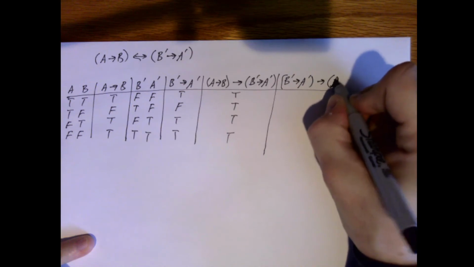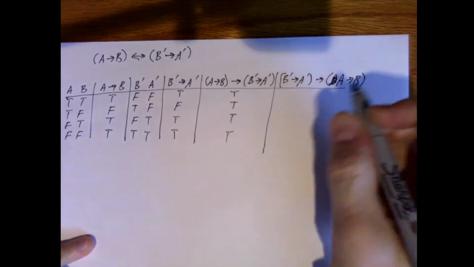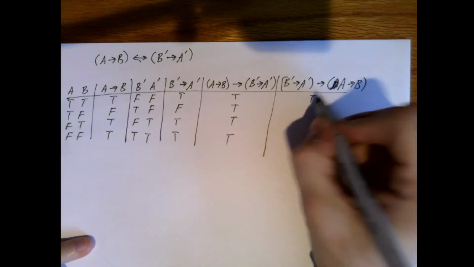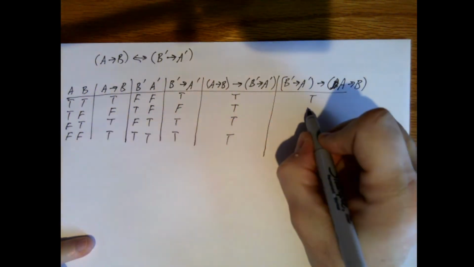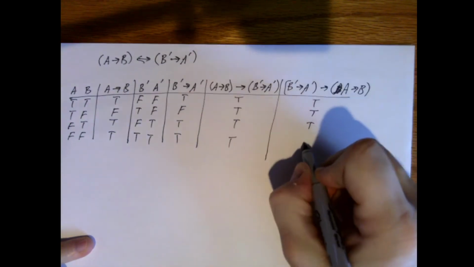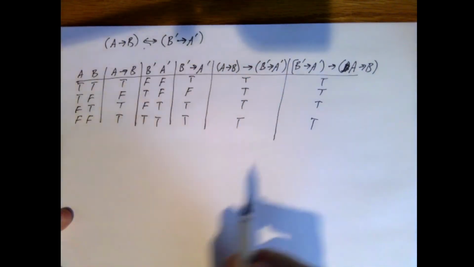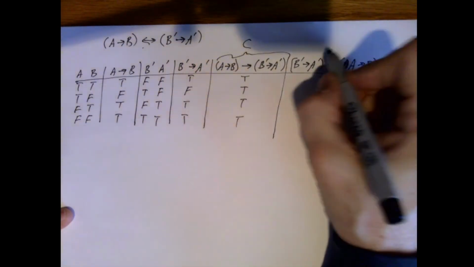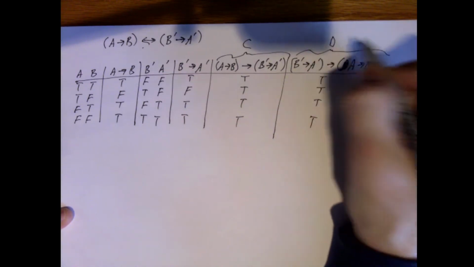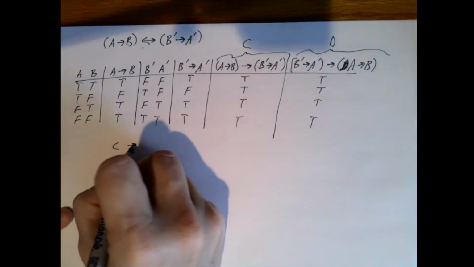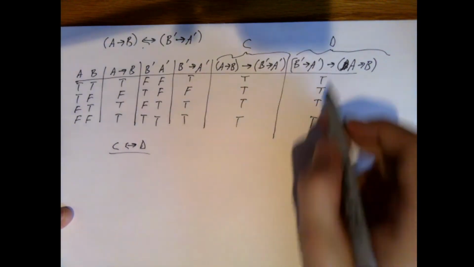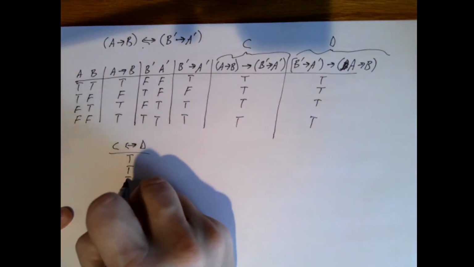Sorry, this should be A. So true and true is true. False implies false is true, true, and true. And now I'm going to do the biconditional. For the sake of ease, we'll call this whole thing C and D. So when I write C if and only if D, remember this right here is really this and this. Well, these are all true, these are all true. So it's supposed to be true, true, true, true.